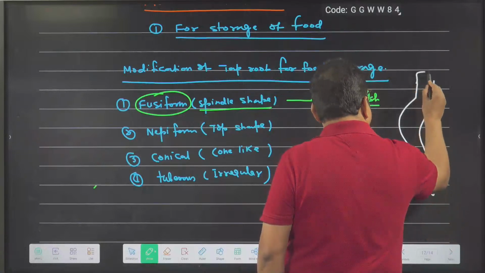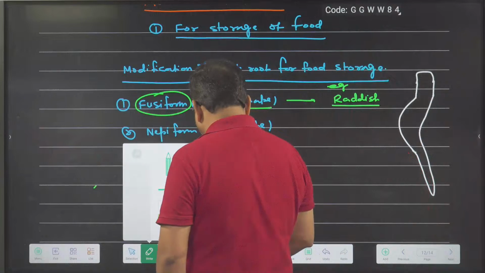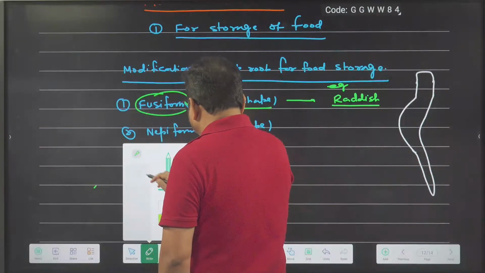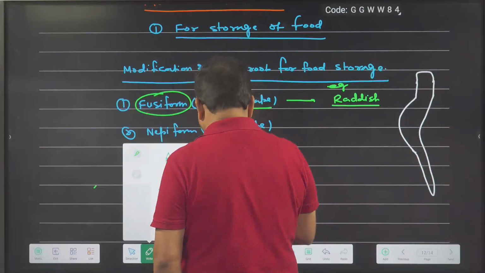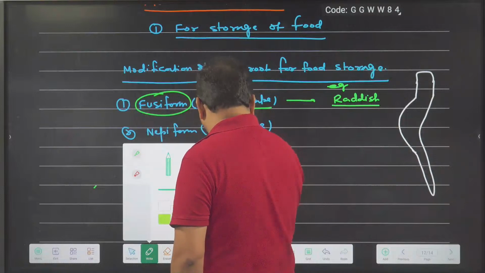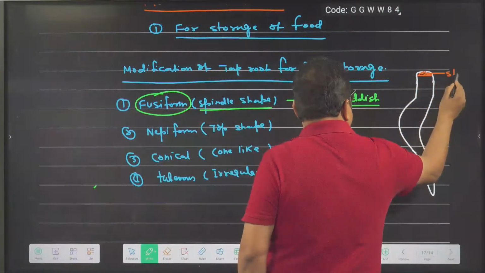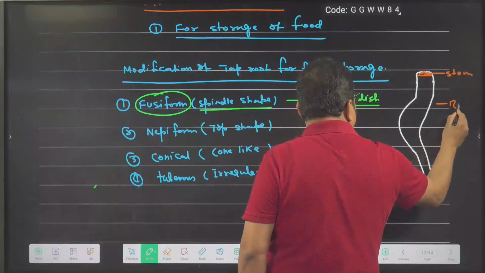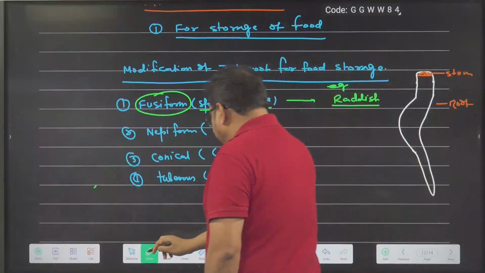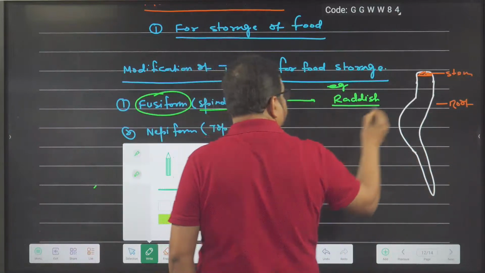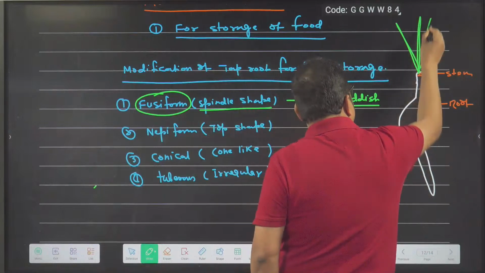It is somehow like this. Getting the idea or not? So here it is stem, it is root, and this is leaf. This is leaf in the radish.